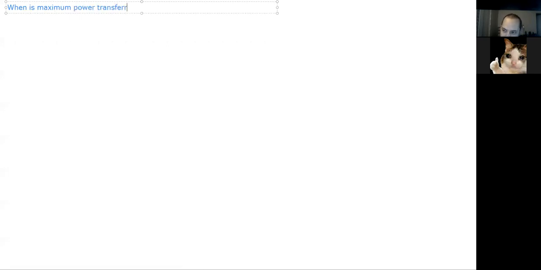When is maximum power transferred from a generator to the load through a transmission line?